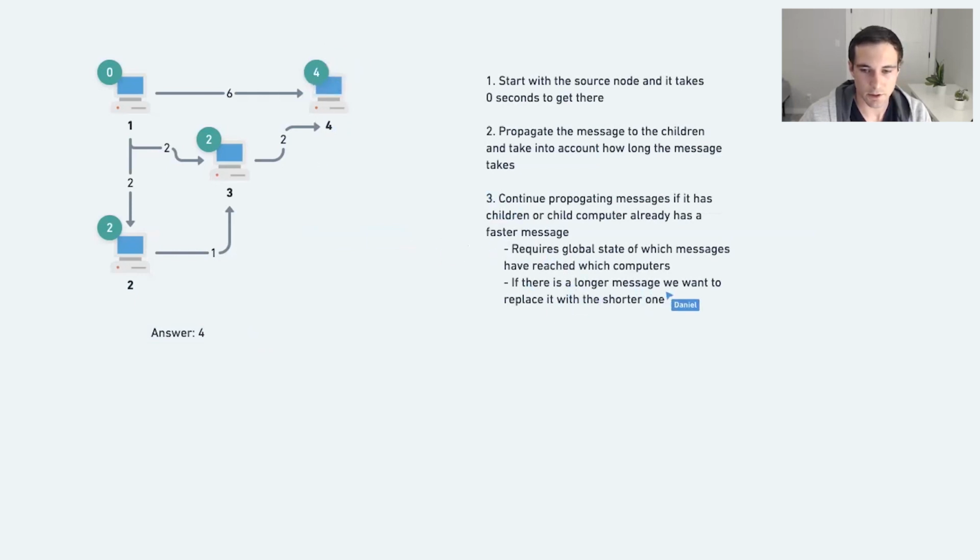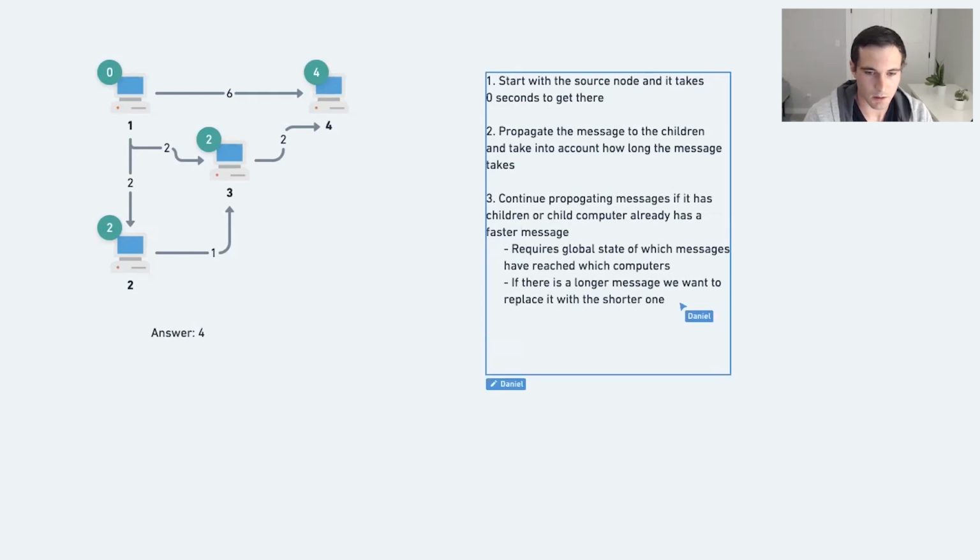And so at the very end, we want to look at the times for each computer and take the longest time, or the maximum, let's say. So yeah, that's how I'm thinking about going about this.